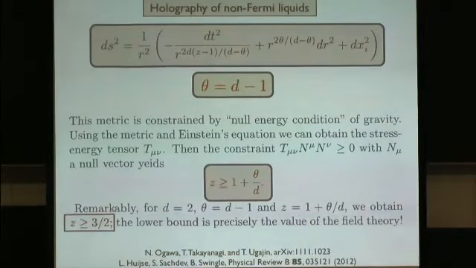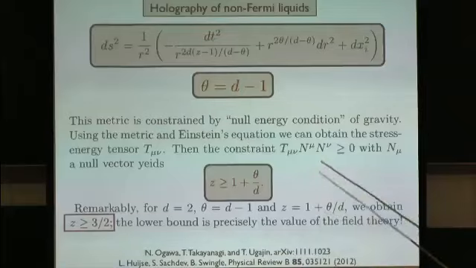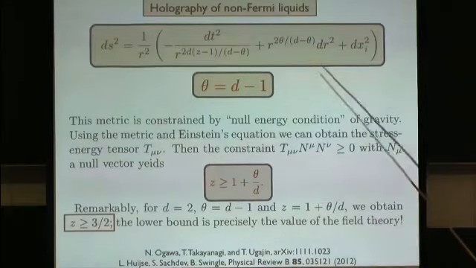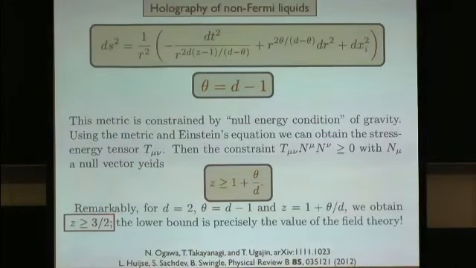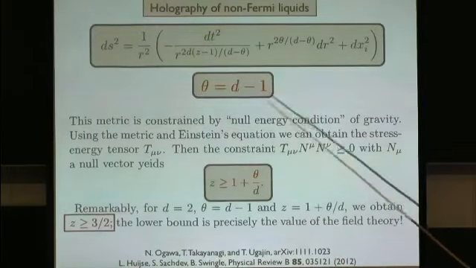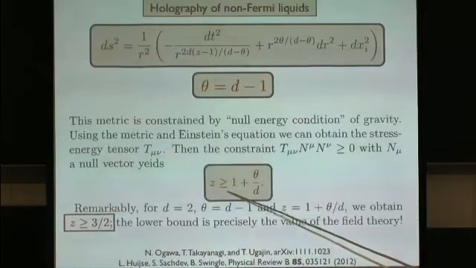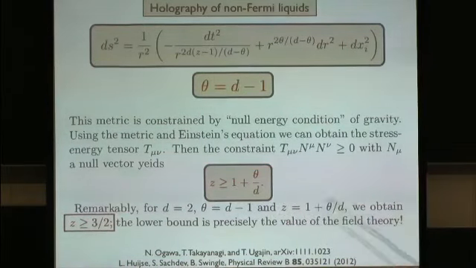Then there's a constraint called the null energy condition, which is very crucial in all classical computation of gravity. So you apply the null energy condition to this metric, and you come up with this inequality. So theta must be d minus 1, and z must be greater than or equal to 1 plus theta over d. Another crucial structure of this whole theory. So the whole gravitational theory won't make sense unless this is true.